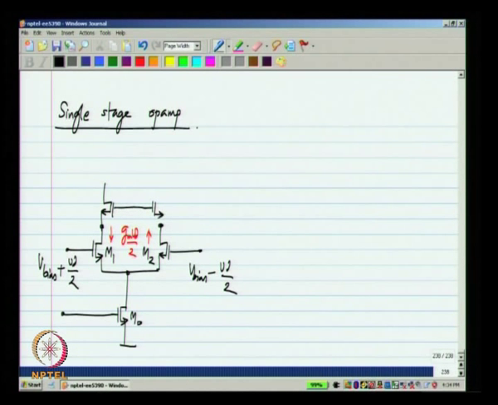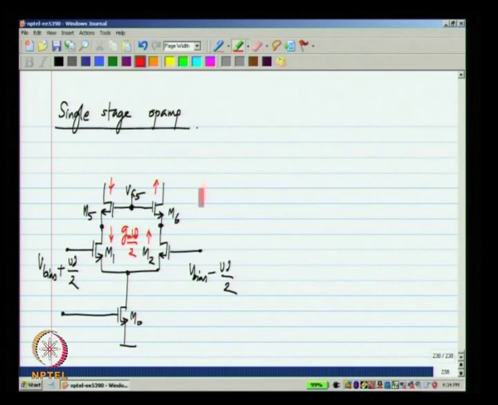I use cascode transistors with both M1 and M2. Let me call them M5 and M6, and the gate is biased to some voltage. I will not worry about how to generate that, but it is biased to some fixed voltage. I will call that Vg5. Now, it is very clear that the same incremental currents will flow in M5 and M6.